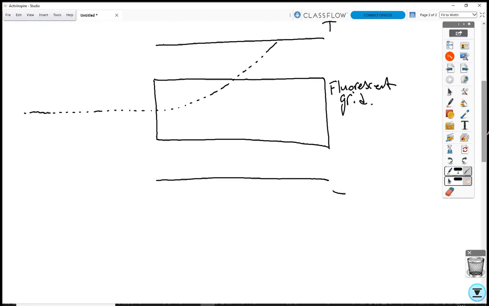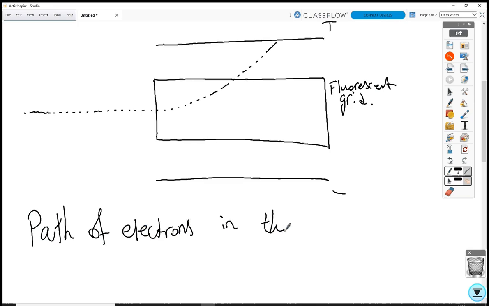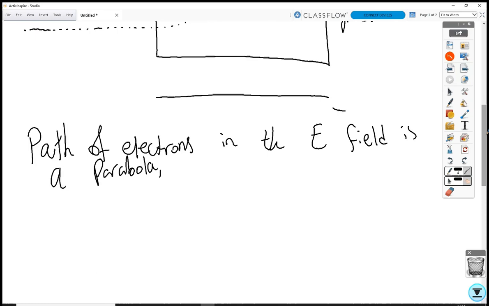So the electrons behaved like a projectile. So path of electrons in the E field is a parabola. So it behaved like a projectile.